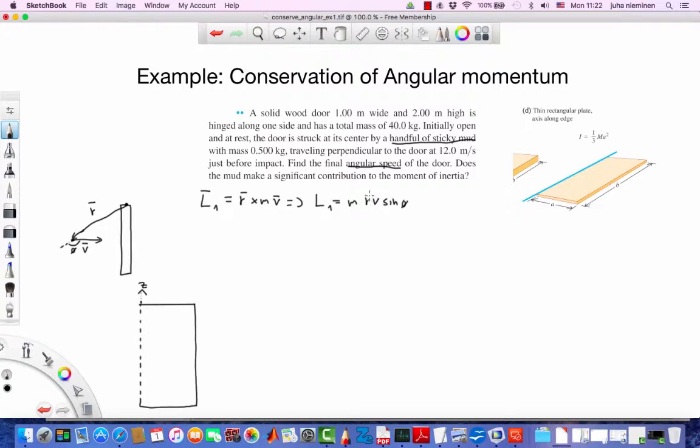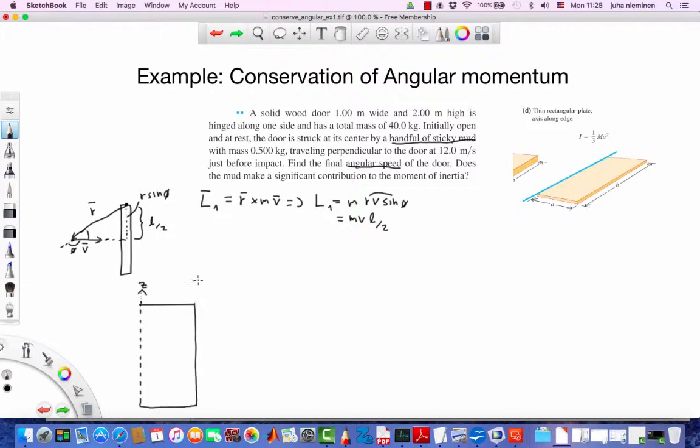And what we are really after here is r sine phi, this perpendicular distance. That is also called the distance of closest approach, or the lever arm, if you will. And we know that that is just half of the width of the door, so L/2. Hence we get m times v times L/2 for the angular momentum of the mud before it impacts the door.